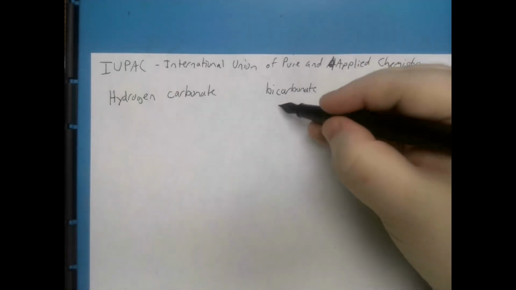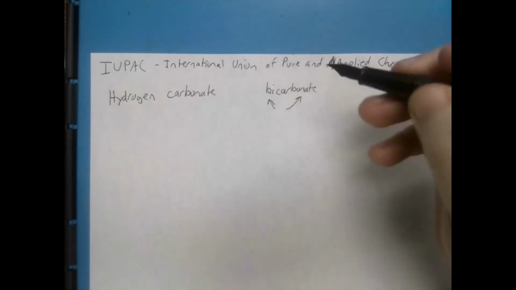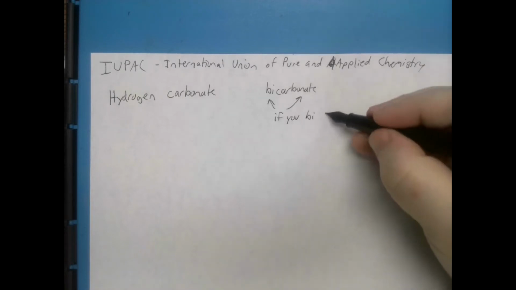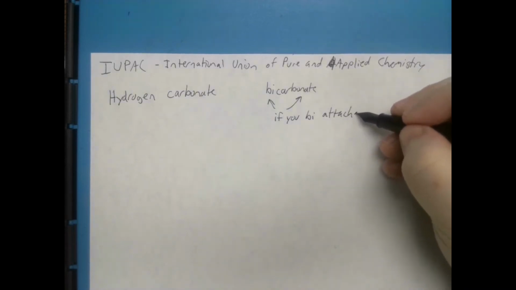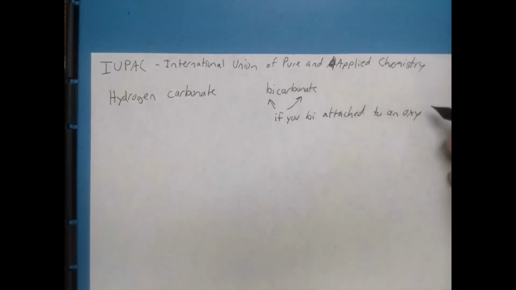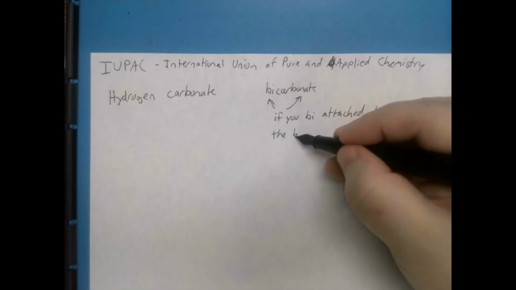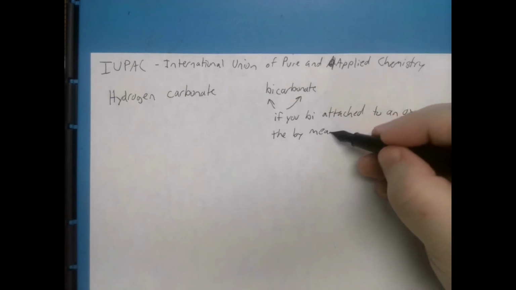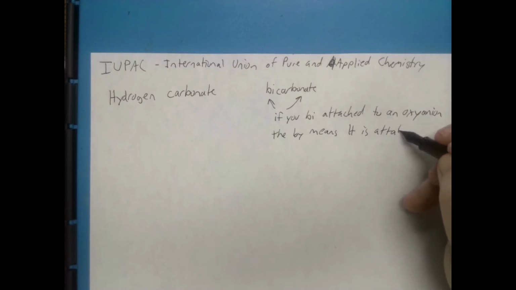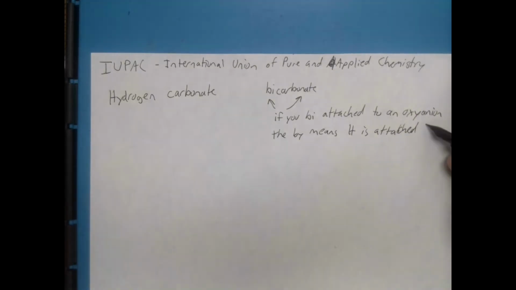If you see bi attached to an oxyanion name, the bi means hydrogen is attached to it.